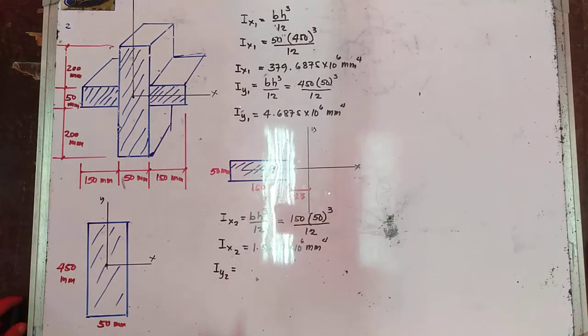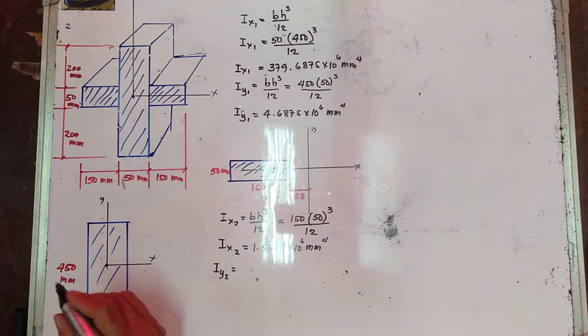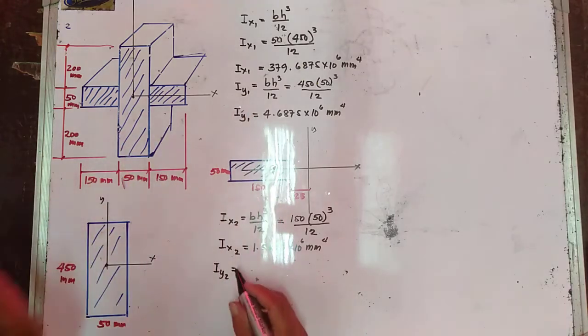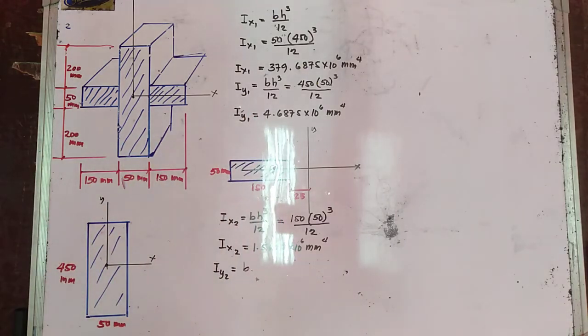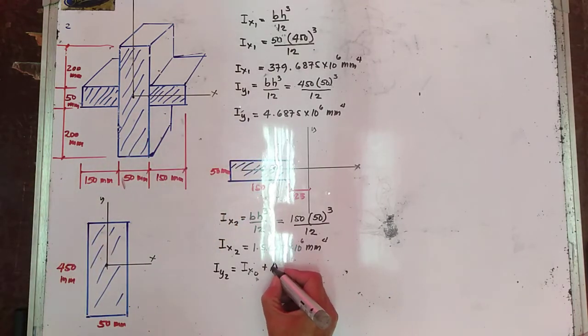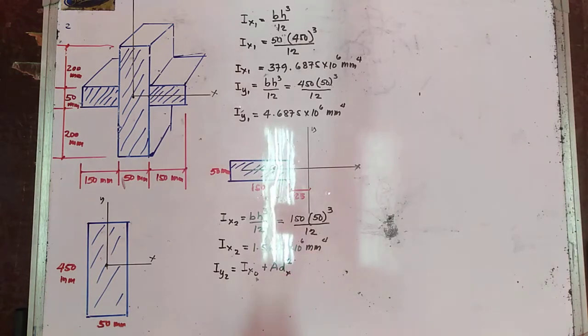So we will make use of the parallel axis theorem, or the transfer formula for moment of inertia. So the moment of inertia with respect to the y-axis is Ixo, the moment of inertia with respect to the centroid of this area, plus A multiplied by d parallel to the x-axis squared.